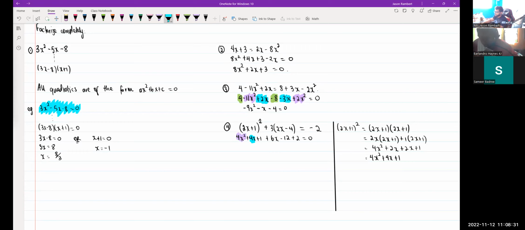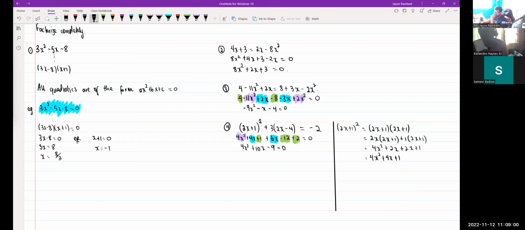I have a 4x here, I have a 6x here, and I have a plus 1 minus 12 plus 2. So my answer is going to be 4x squared plus 10x. 1 take away 12 is minus 11. Minus 11 plus 2 is minus 9. Is equal to 0.